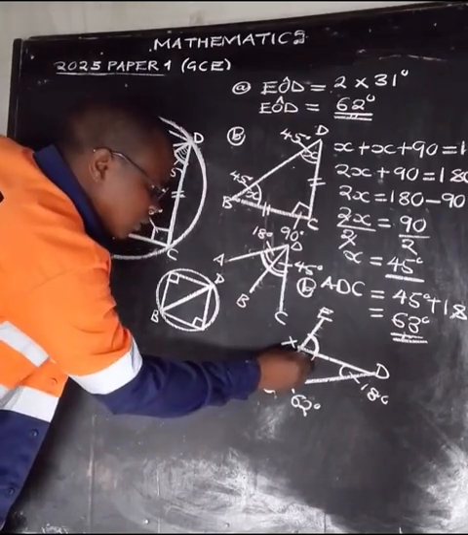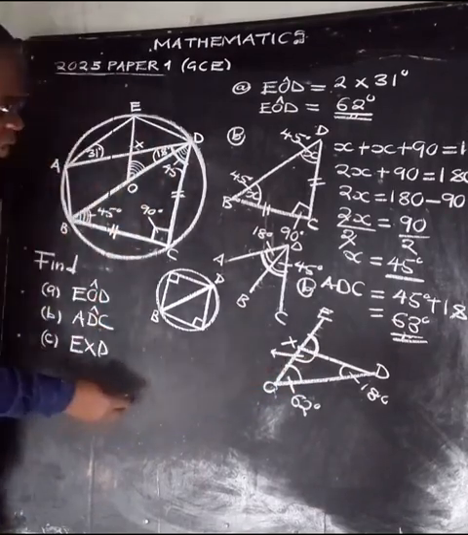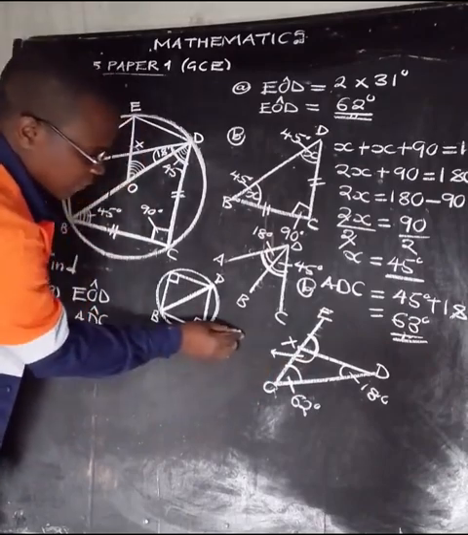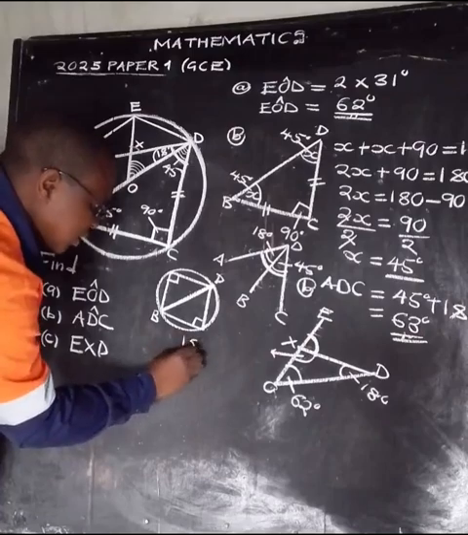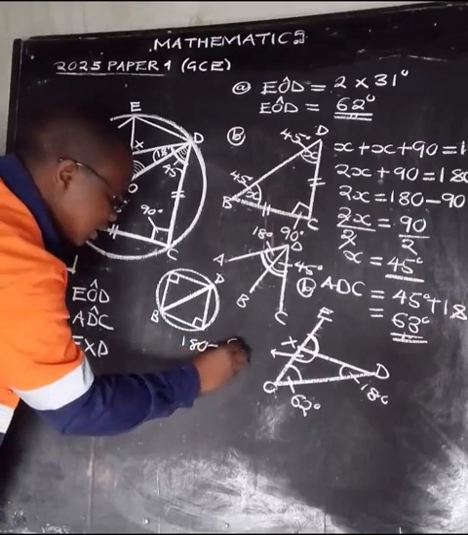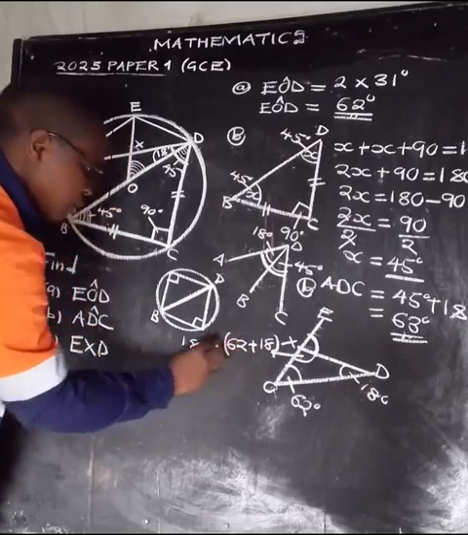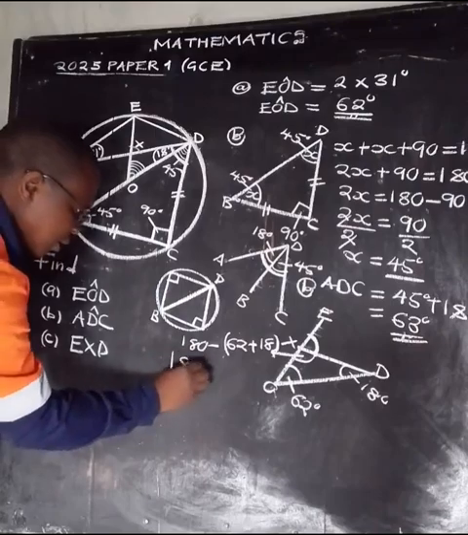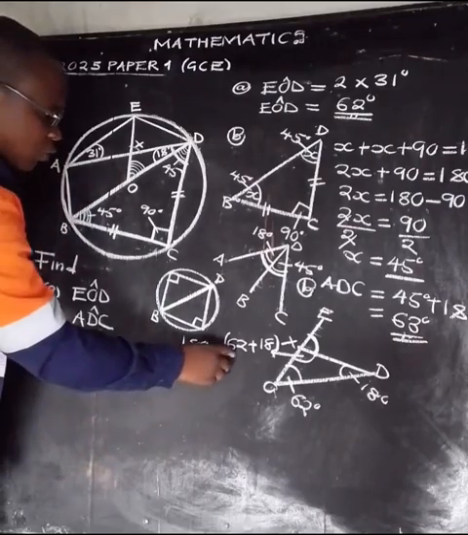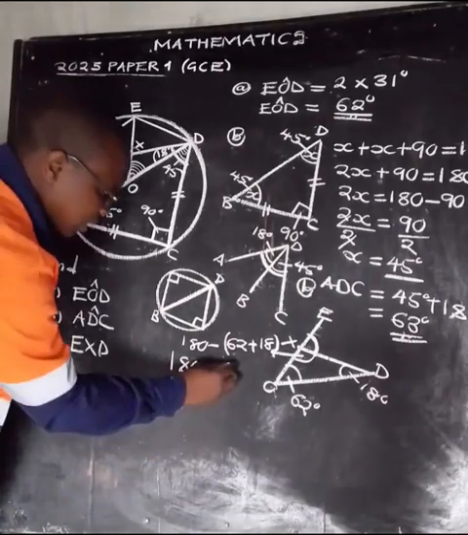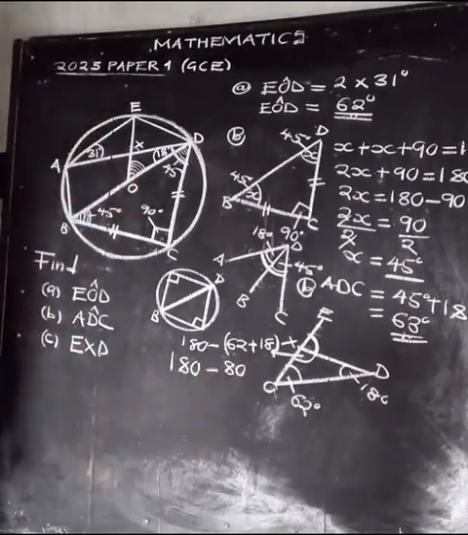Finding this angle, we're going to say 180 minus the sum of 62 plus 18. So 62 plus 18, you get 80.